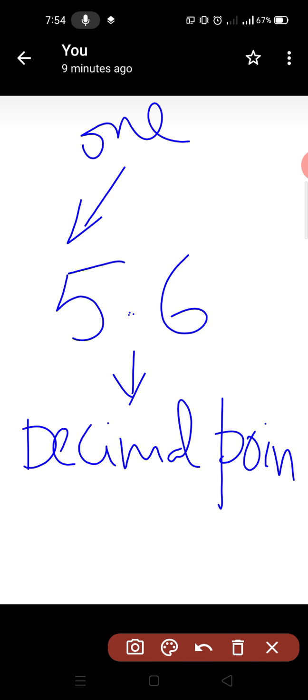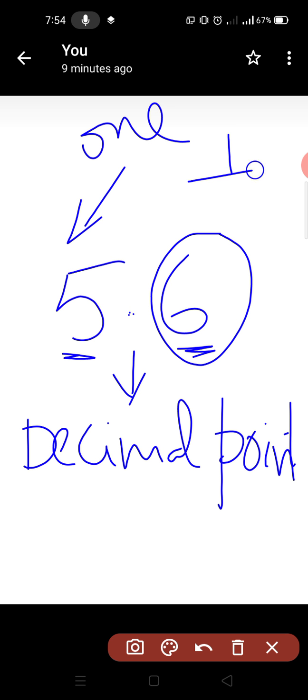How can you say the place value of 6? The place value of 5 is 5 into 1, 5. Then how can you find the place value of 6? The digit just right of the decimal is at the tenths place, 1 by 10. So we find 6 into 1 by 10. 6 by 10 is the place value of 6 here.